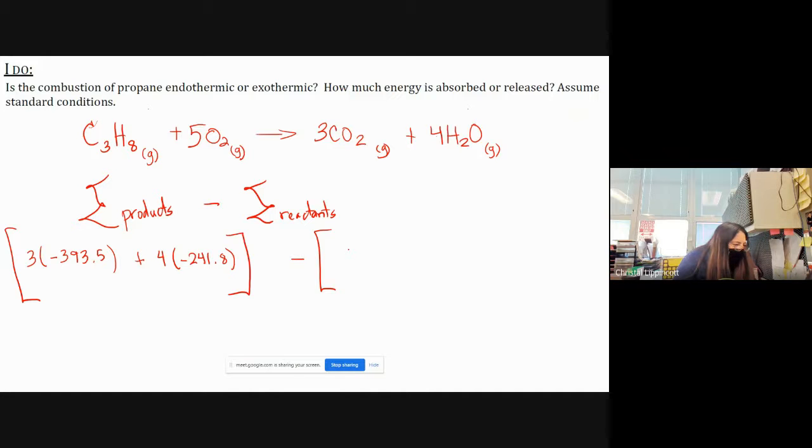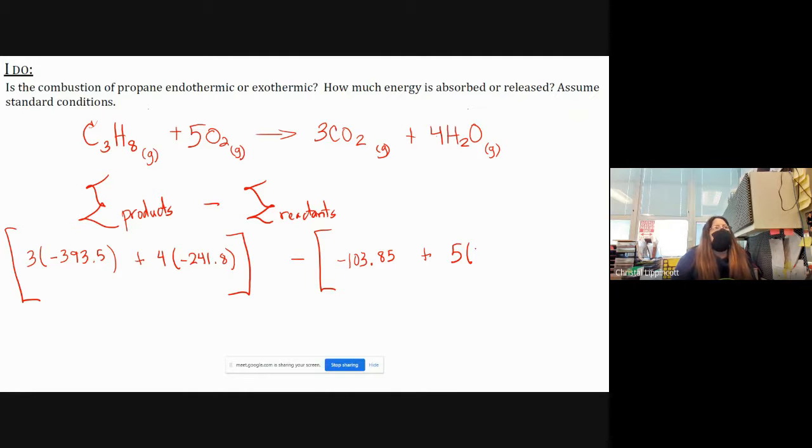Found it. It's negative 103.85. Yeah, that's really good. 5 times what? What is oxygen? What phase is oxygen?